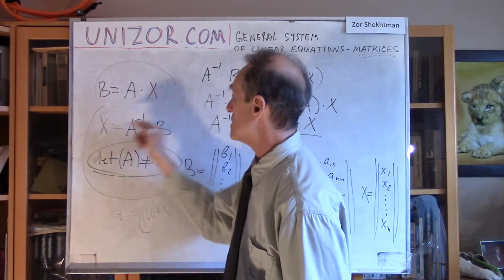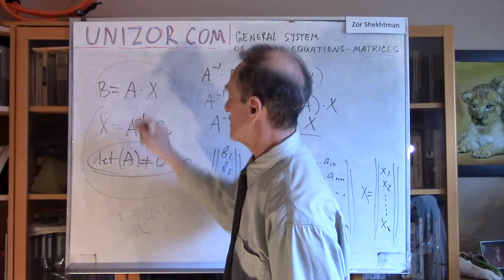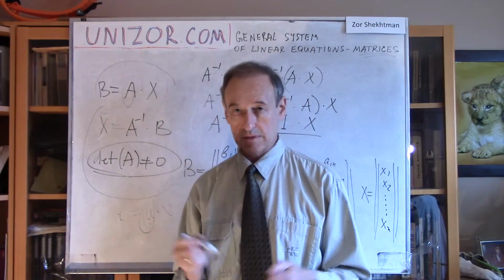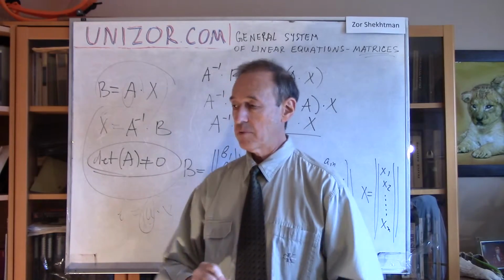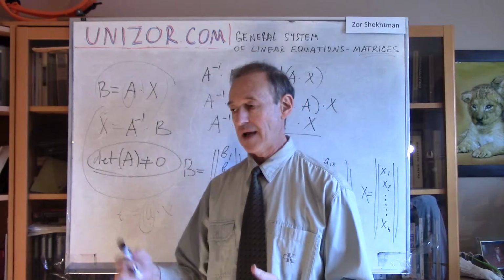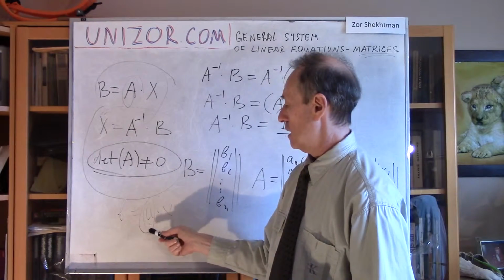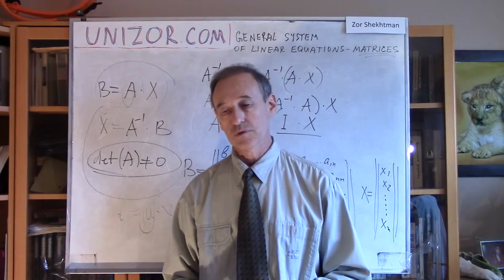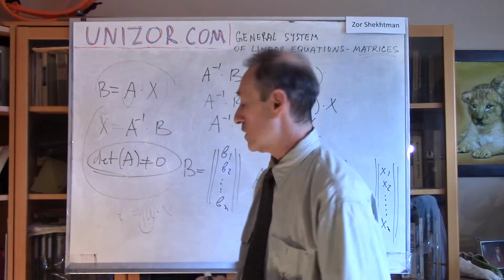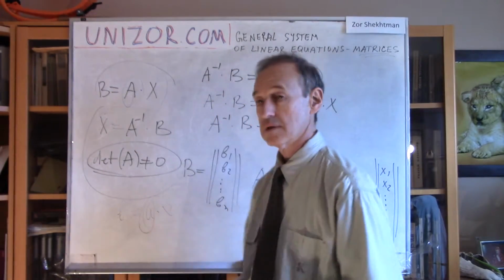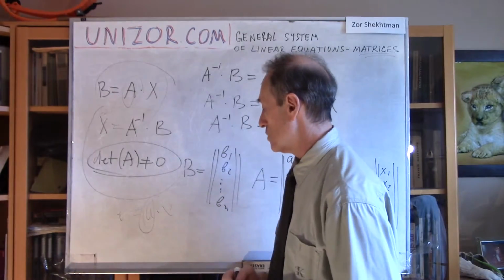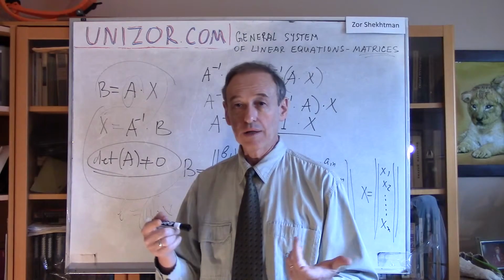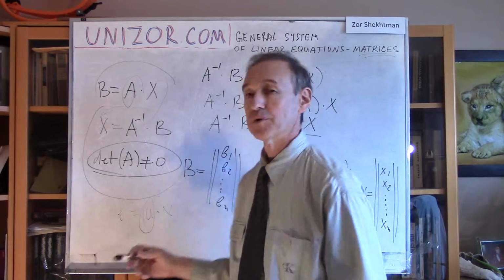So in the case of matrices, the role of 0 is played by the determinant of the matrix. The determinant of the matrix plays exactly the same role as the value of this particular coefficient, whether it's equal to 0 or not. And by the way, if you consider this single coefficient as a matrix of size 1 by 1, one row and one column, its determinant is equal to a.